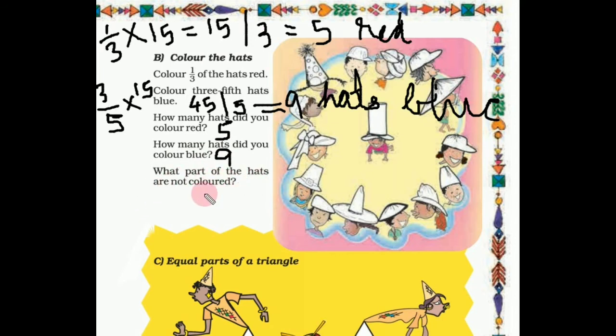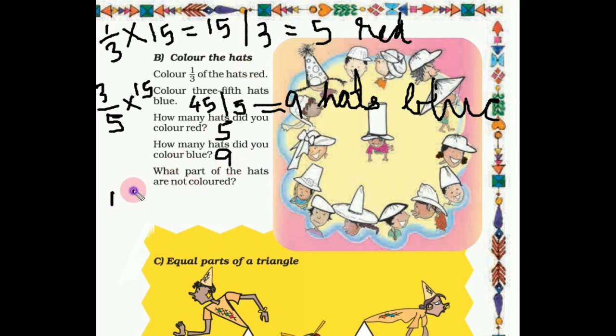Now, what part of the heads are not colored? That we can find out by subtracting the colored heads from the total number of heads. We can find out by subtracting these 14 heads from the total number of heads.